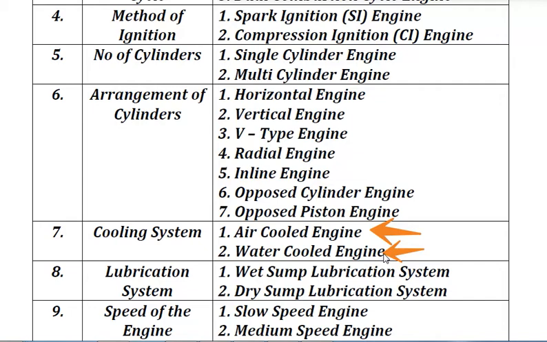There are fins on the engine and it is cooled with the help of air. Similarly, a water cooled engine utilizes water as the cooling medium, so it is called a water cooled engine.